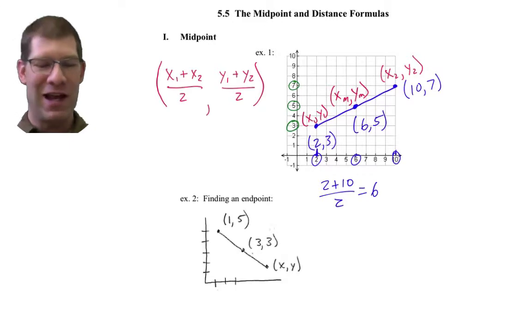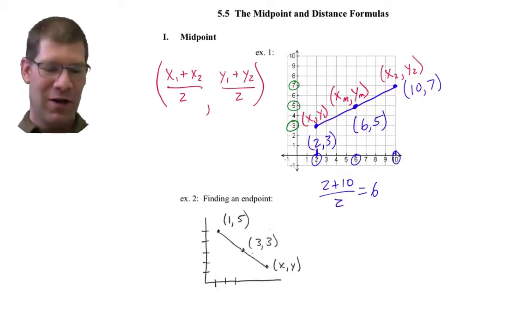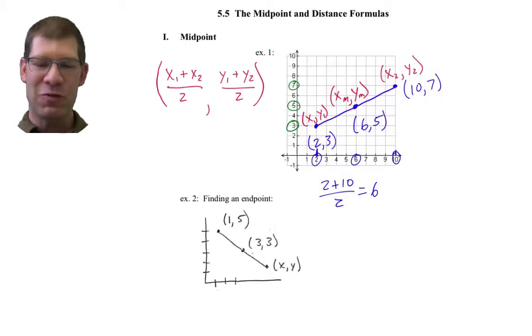So I got a little ahead. I probably should have done this thing here right now. But if we take that there and move it over here, we could say, all right, my x1 is a 2. My x2, just kind of lining up points, x2 right there is going to be a 10. And we divide by 2, so that gives me a 6.